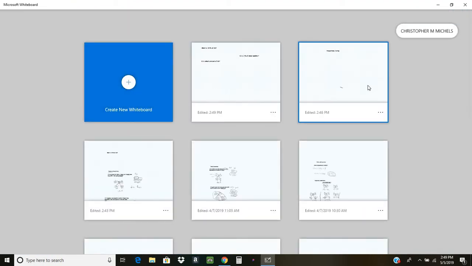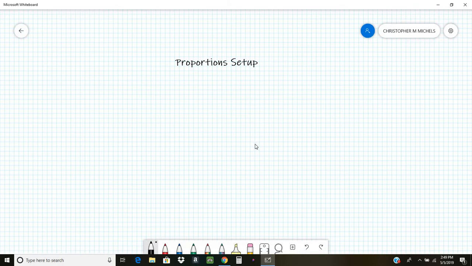The proportions setup is pretty simple. There's 2 ways you can look at it. It's the part, oh wow, that did not show up very well. So let me see if I can write this again.